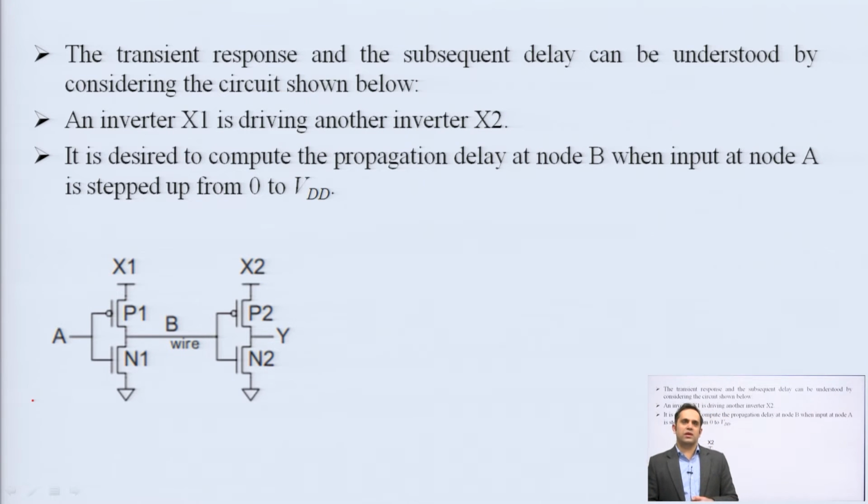So, to understand this entire transient analysis, we take one very common example, that of an inverter. The circuit shown on your screen has an inverter at node A, which is driving another inverter via a wire at node B. So, you have one inverter X1, another inverter X2. X1 can be considered as your driver inverter, X2 can be considered as the load.